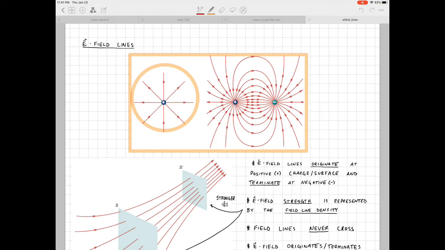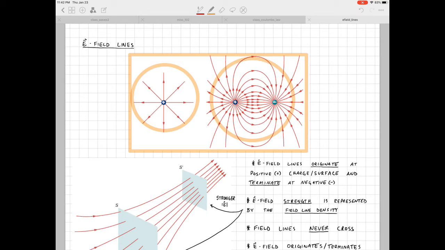They would terminate at a negative charge, but in this figure on the left, there's only a positive charge in the space. And so the electric field lines are drawn as such. And so over on the right, I've got two charges. This is known as a dipole. And the electric field lines are sketched out there.